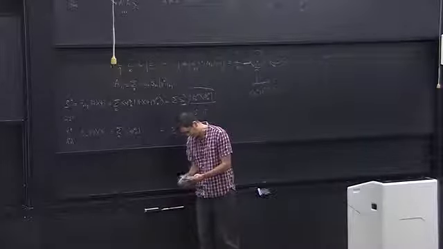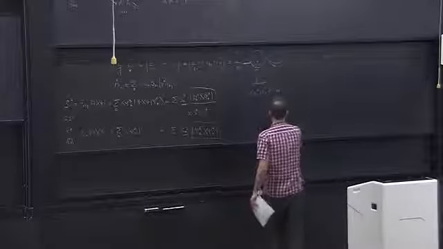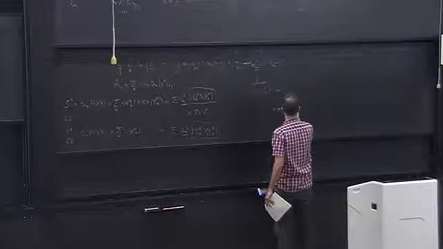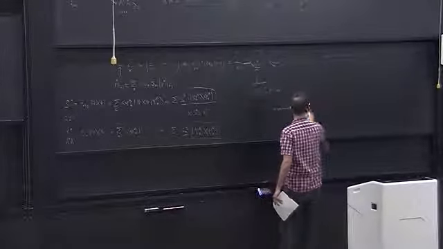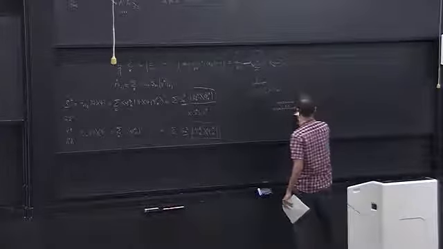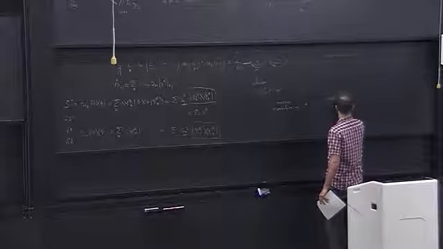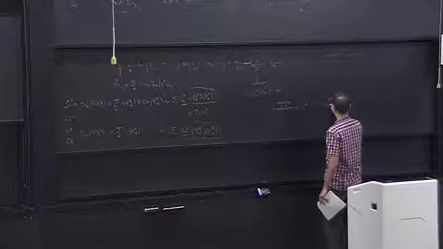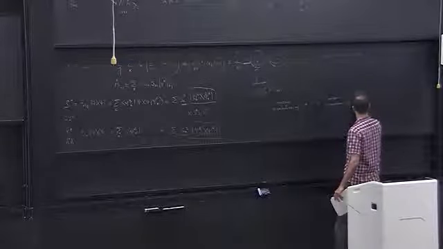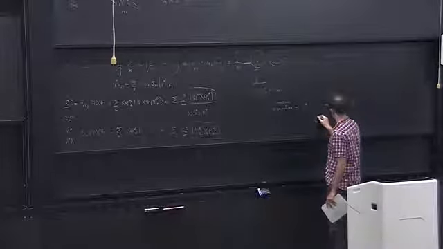So maybe I should write this. Non-zero eigenvalues of rho A equal to non-zero eigenvalues of rho B. And these are given by singular values squared.